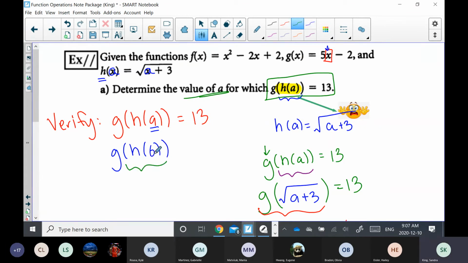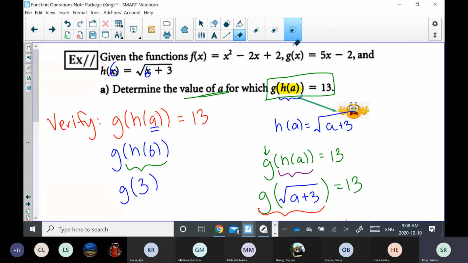So the h of 6, if I go back up here and put in a 6, h of 6 would be 6 plus 3 is 9. The square root of 9 is 3. And then I'm going to plug that into my outer function, which is my g function.